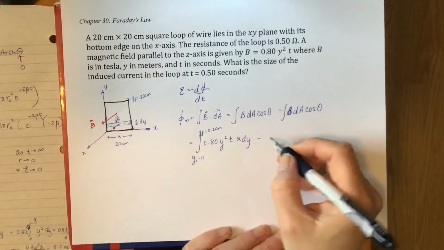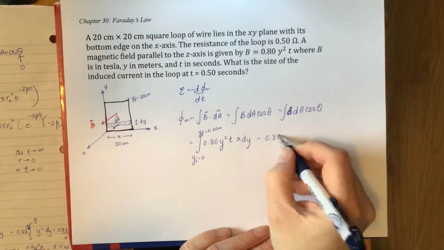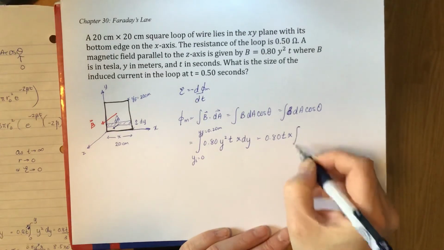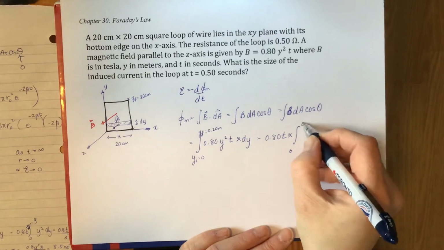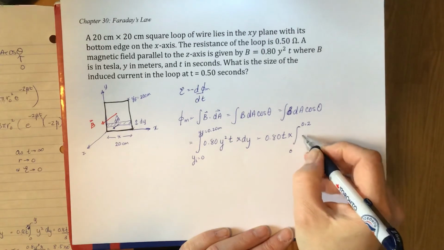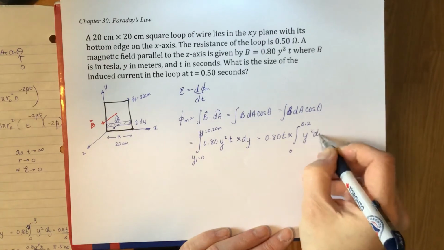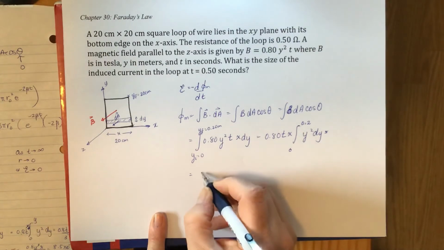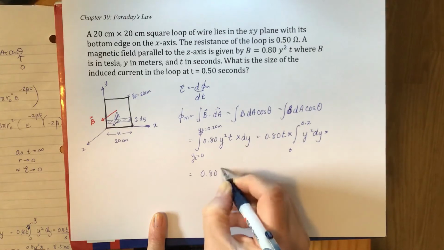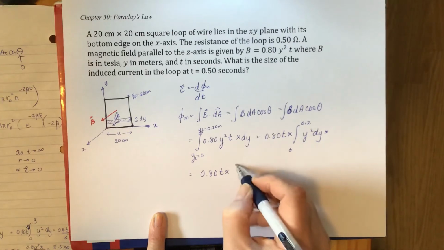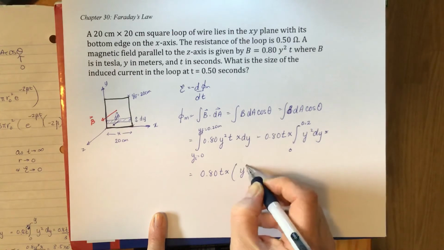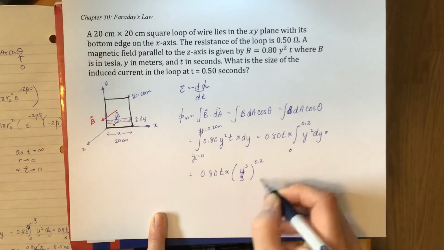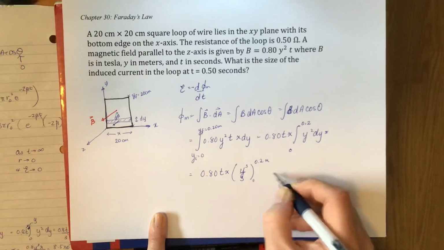So when we do our integral, we have 0.80 times t times x. All those things are constant with respect to y. From 0 to 0.2 times y squared dy. The integral of y squared is y cubed over 3. That's going to be evaluated at 0.2 meters and 0.